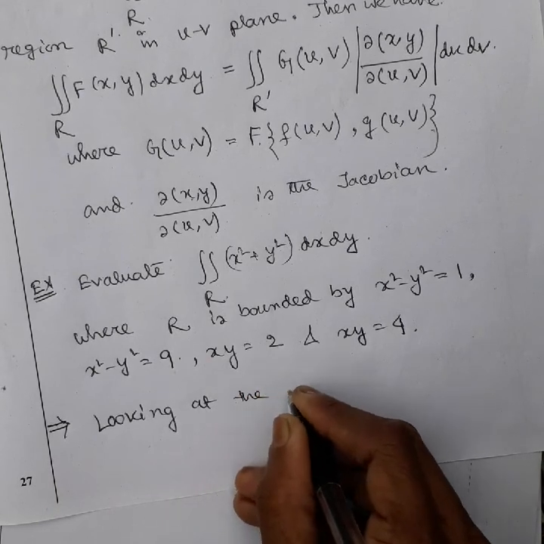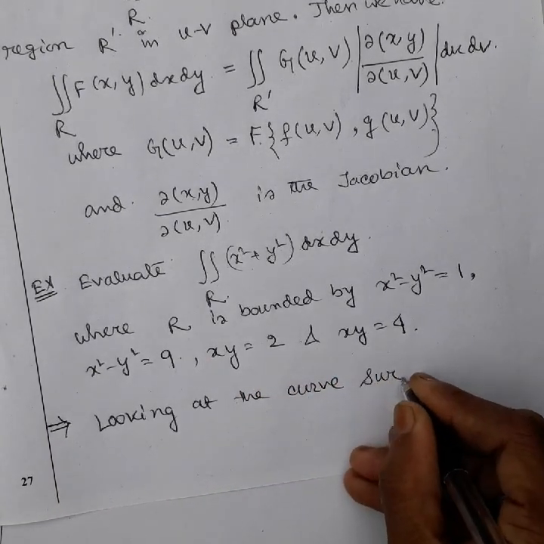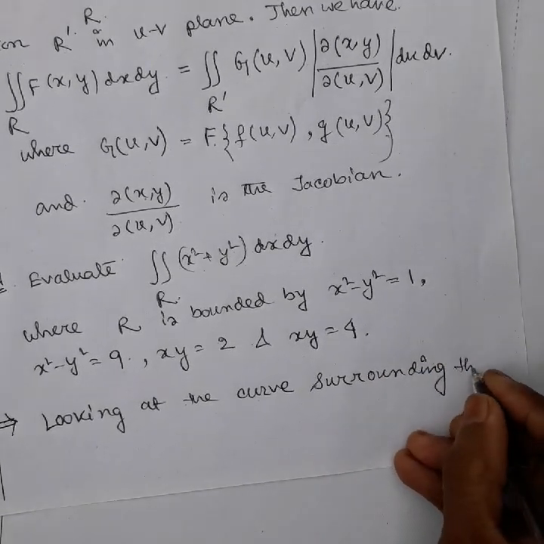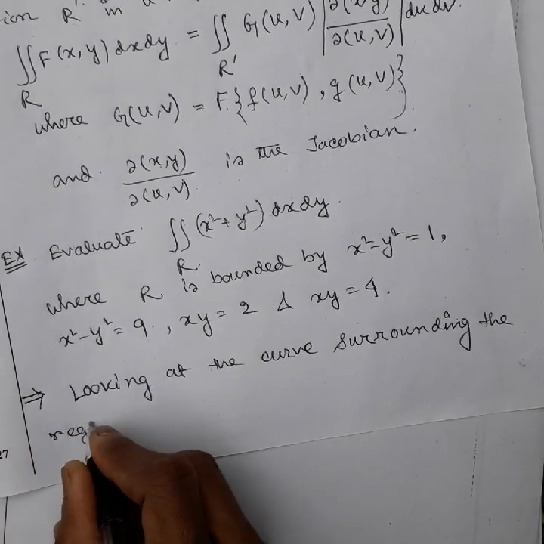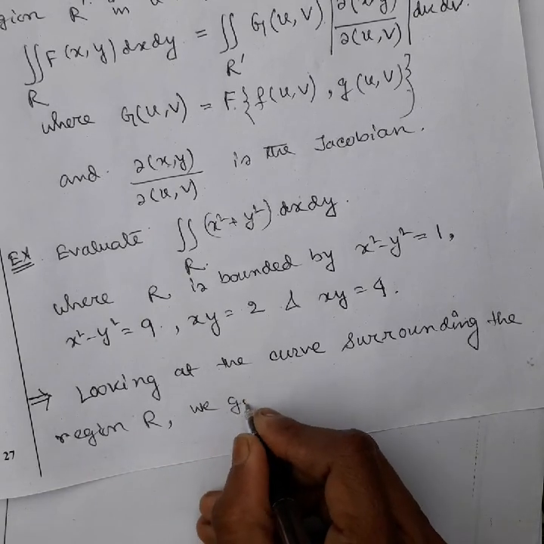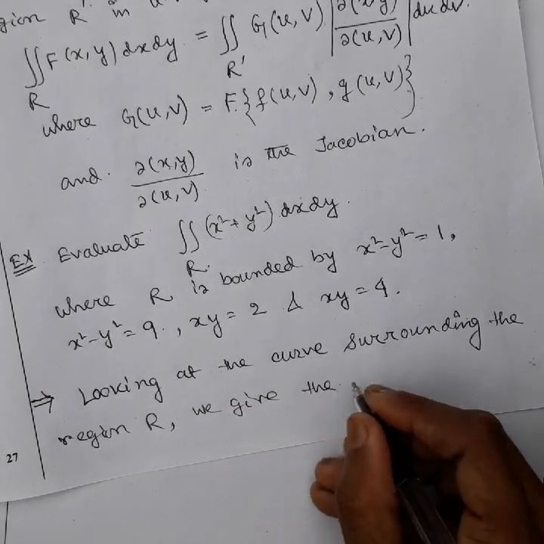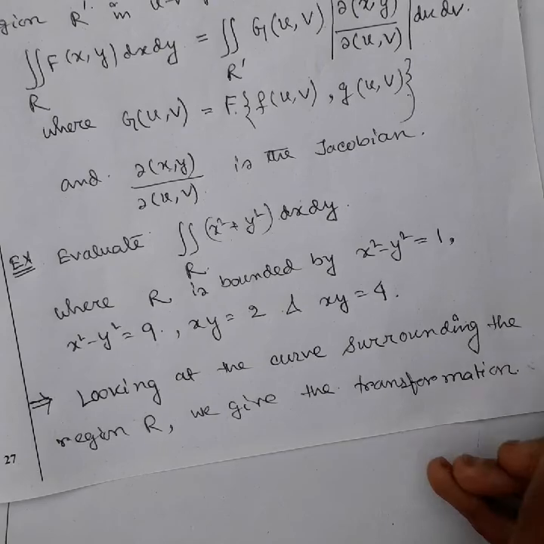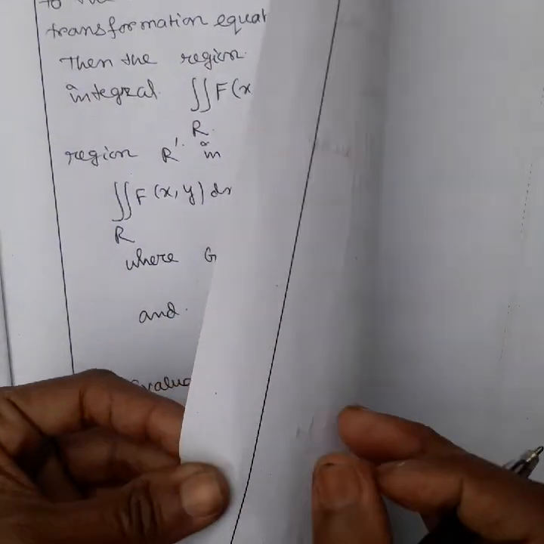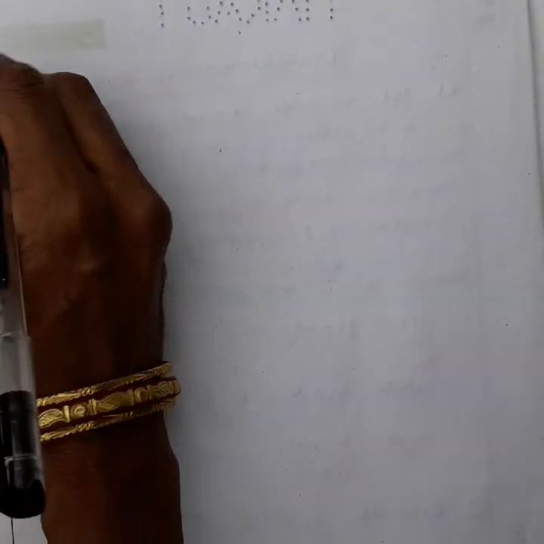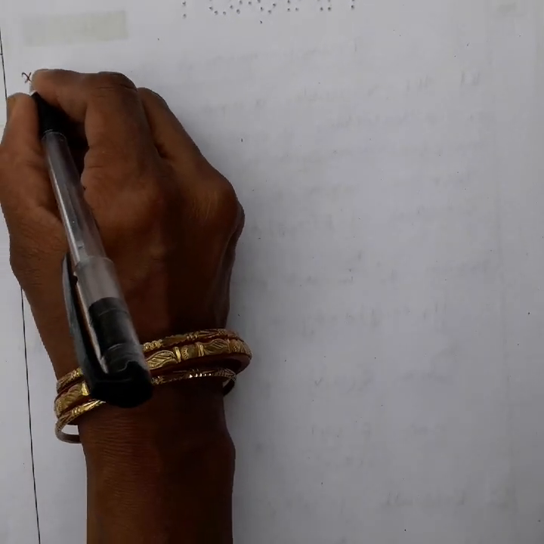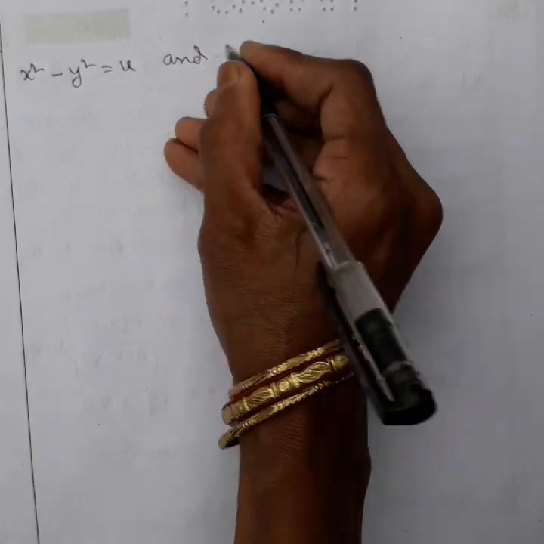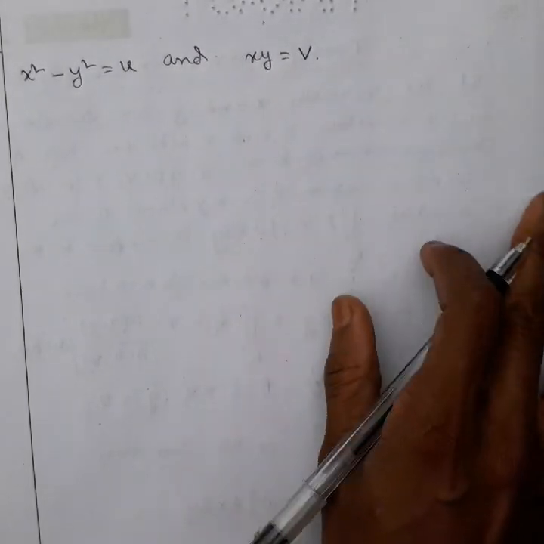Looking at the curves surrounding the region R, we give the transformation x square minus y square equals u and xy equals v.